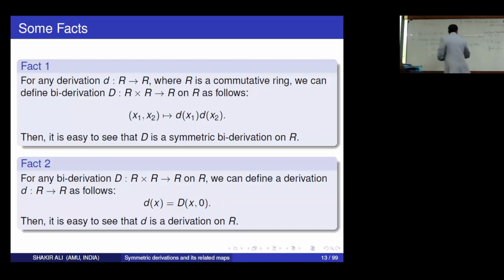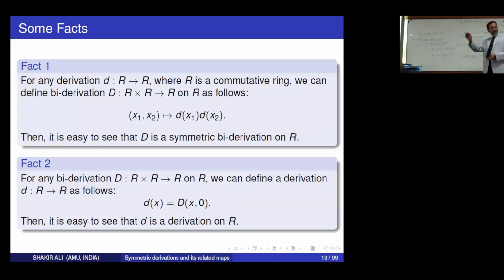That means you will also check if you replace this x1 by x1 y1, and then you will find out x1 y1 x2 is equal to D of x1 x2 y1 plus x1 D of y1 x2.